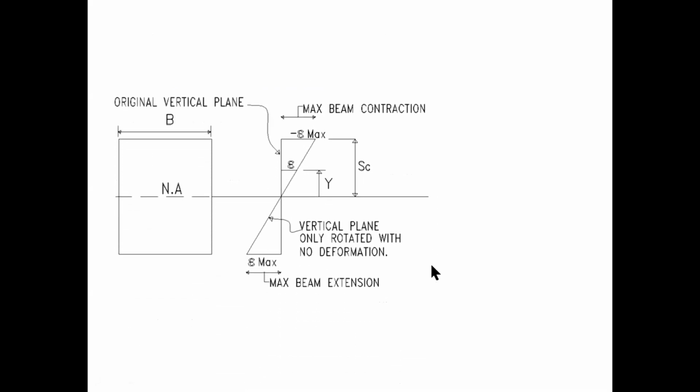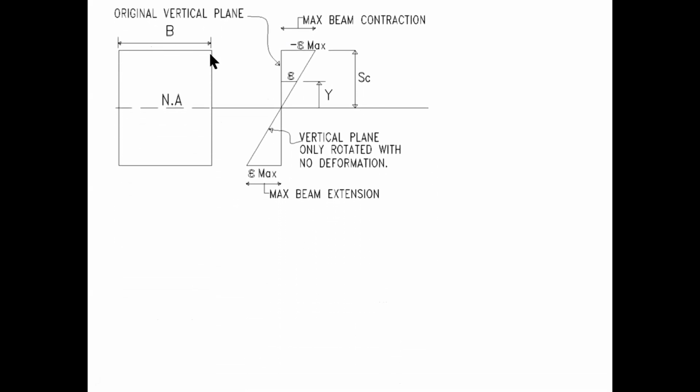If we show a diagram of the strain varying linearly over the cross section as we have here, we can then develop a relationship between the strain at a distance y above the neutral axis and the maximum normal strain at a distance c. The vertical line here rotated only and does not deform, as we have previously discussed in part 1.